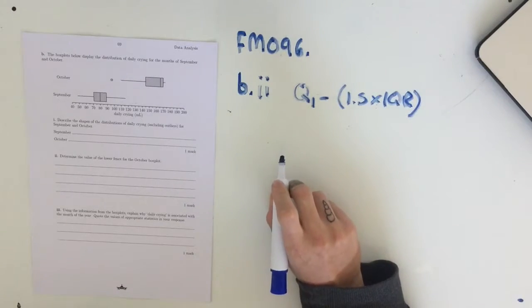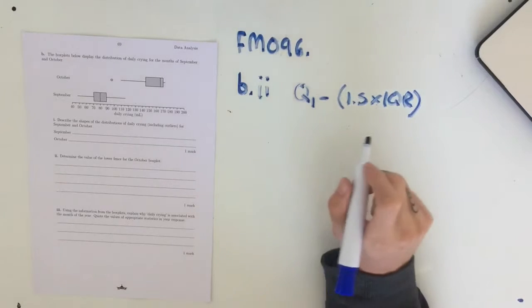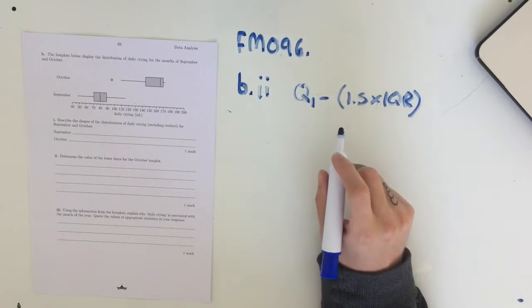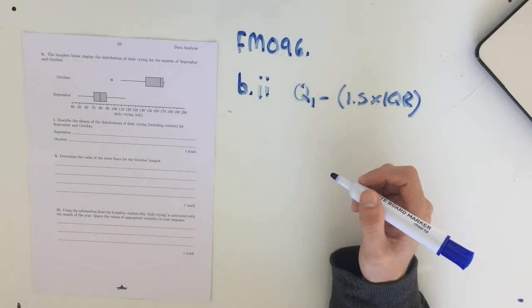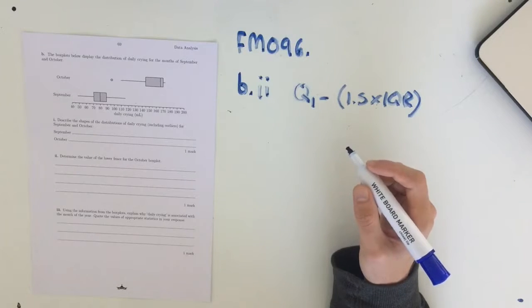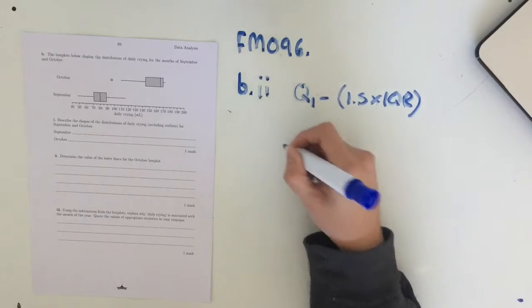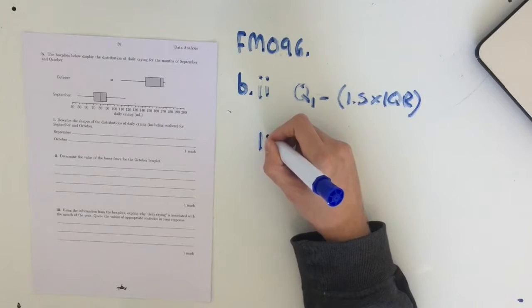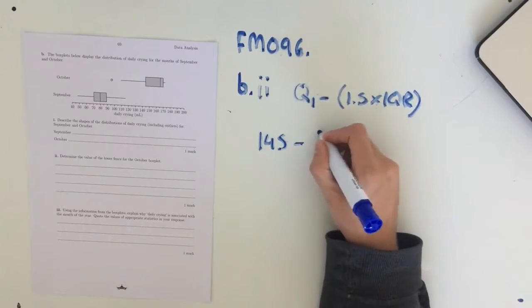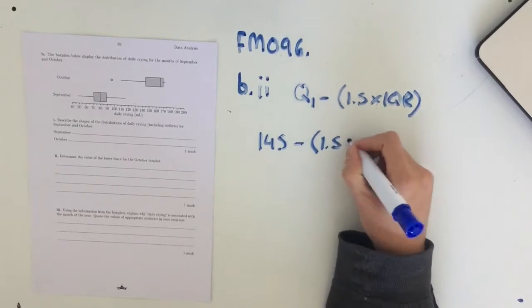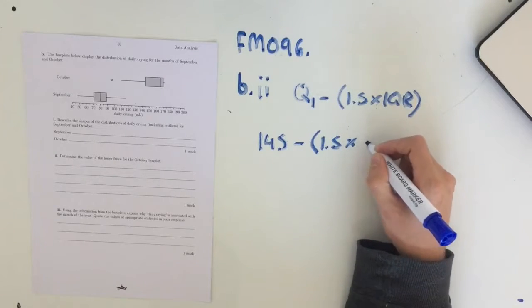First of all, Q1, the first quartile for October, is around about 145, we'll call it. So Q1 is at 145. And we get a minus 1.5 times the interquartile range.